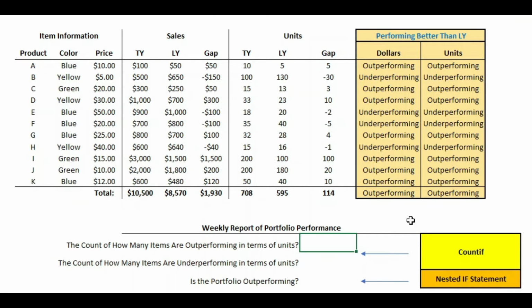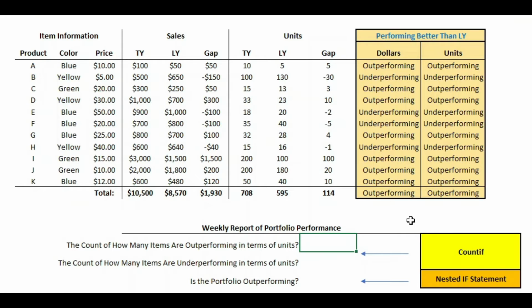Countif counts the number of, in this case, products that meet a certain criteria. The criteria that we use, that's used above in the table, is outperforming and underperforming.